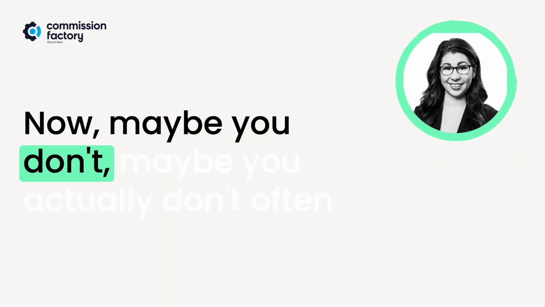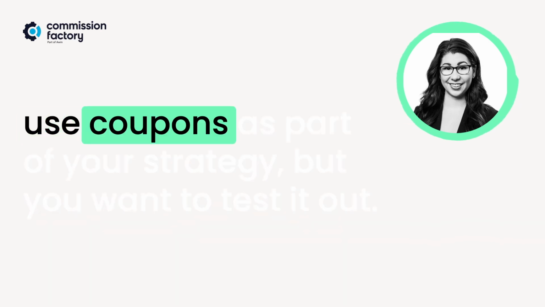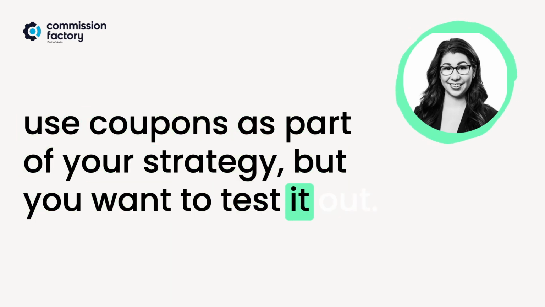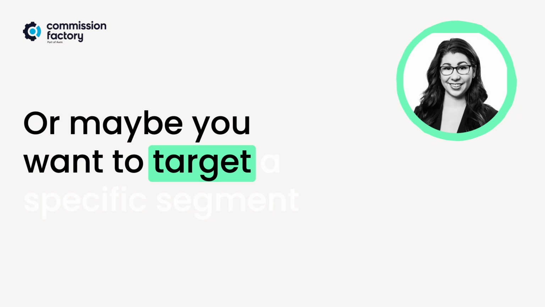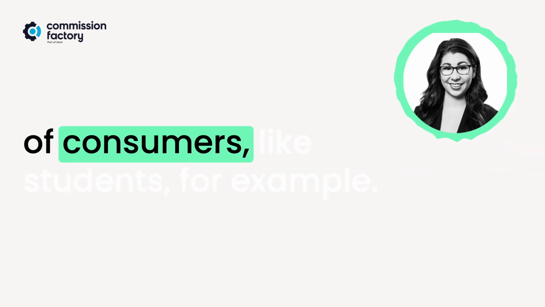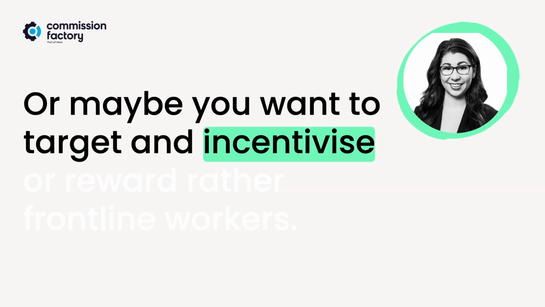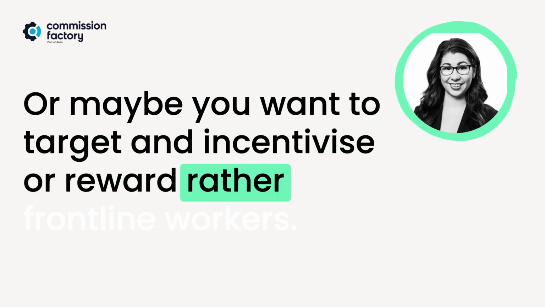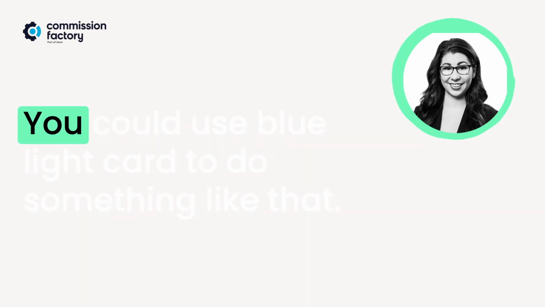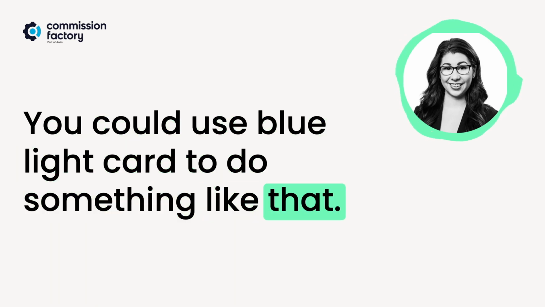Now, maybe you actually don't often use coupons as part of your strategy, but you want to test it out. Or maybe you want to target a specific segment of consumers, like students, for example. Or maybe you want to target and incentivize, or reward, rather, frontline workers. You could use Blue Light Card to do something like that.